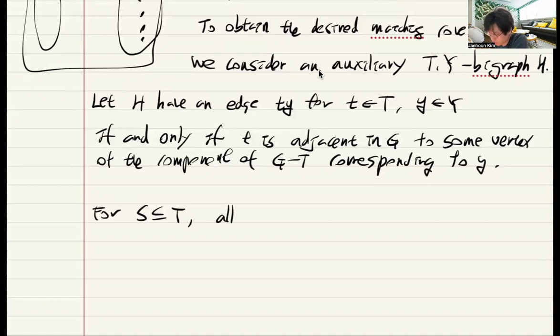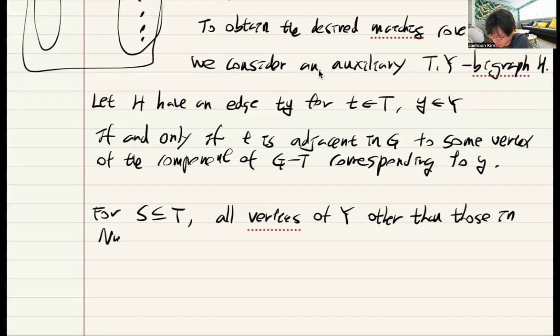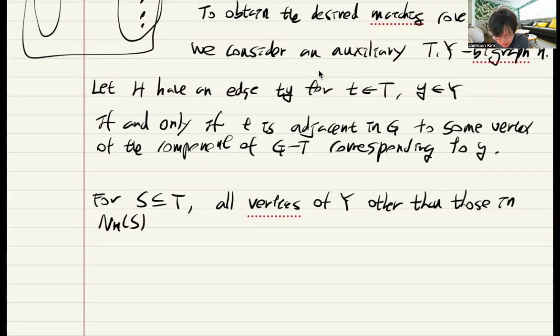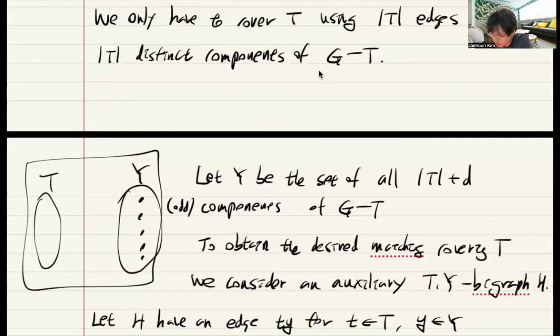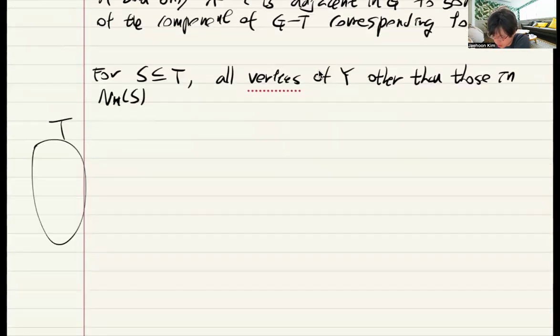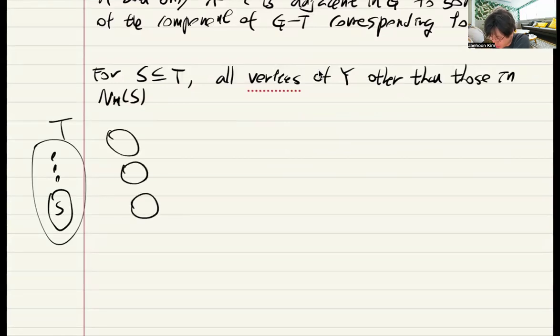So what do we know? All vertices of this Y other than those in the neighborhood of S. You have T, and then you take some S. And you have these odd components, and the neighborhood of S are the odd components here.